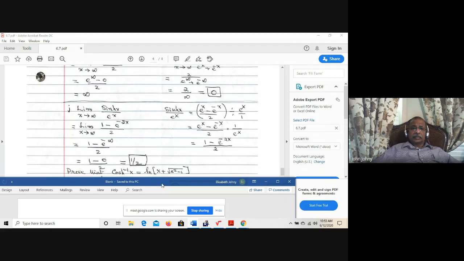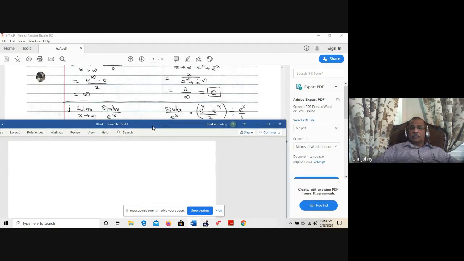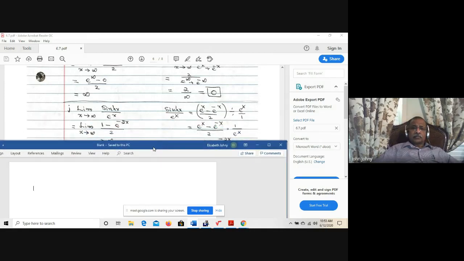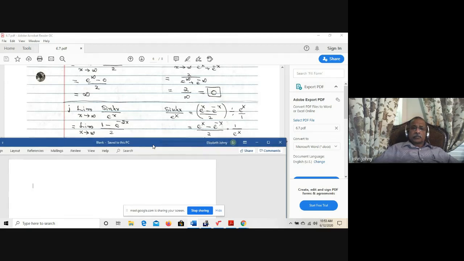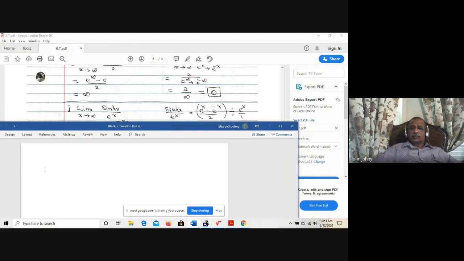Next, the limit as x approaches infinity of sinh x over e to the x. Sinh x over e to the x is (e to the x minus e to the negative x) over 2, divided by e to the x.